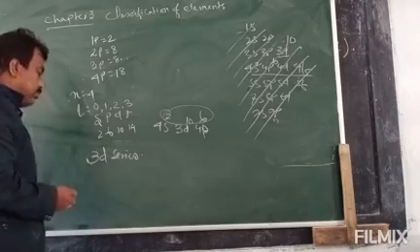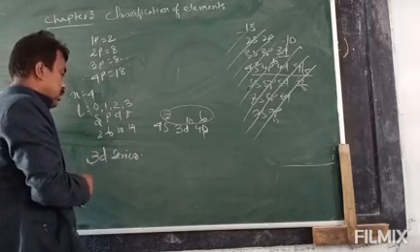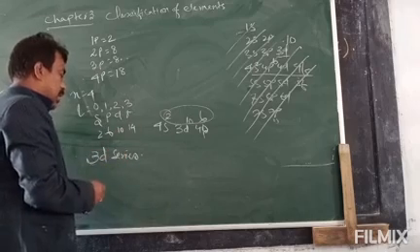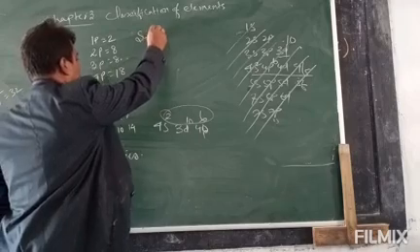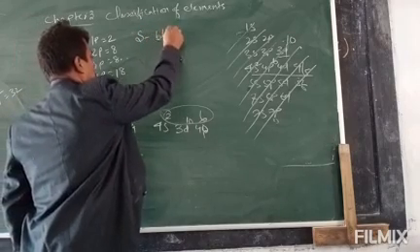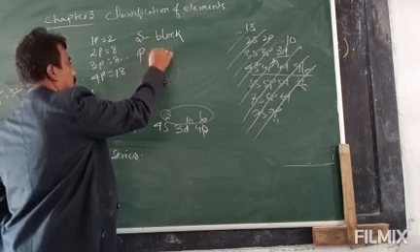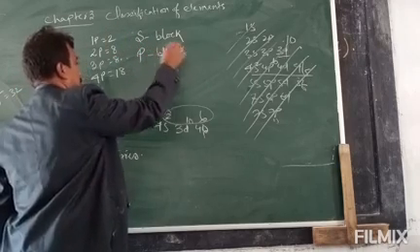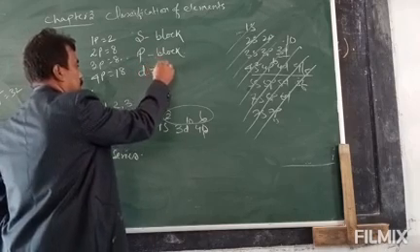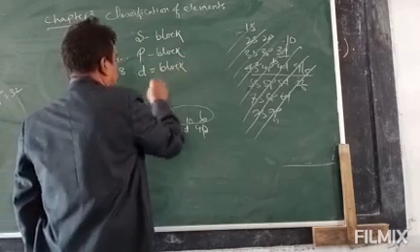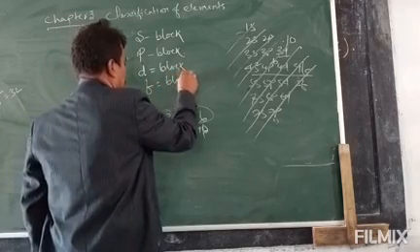If the last electron enters s, it is called an s block element. If the last electron enters p, it is called a p block element. If the last electron enters d, it is called a d block element. And if it is f, it is called an f block element.